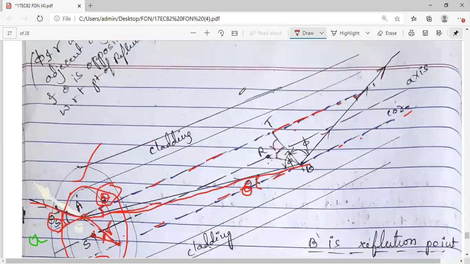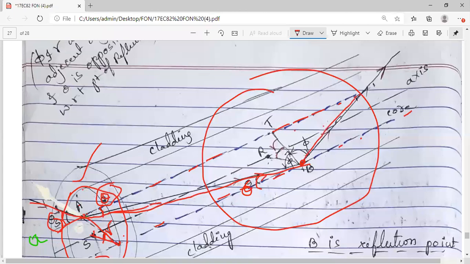Let us come to this point, this part. Here if you observe, this is point B. Point B is the point of reflection. At this point, the ray is hitting and getting reflected. And if you draw a projection, okay, projection is what? The perpendicular projection to the second plane.